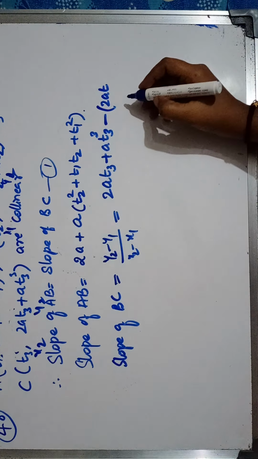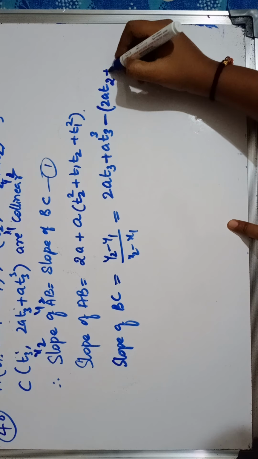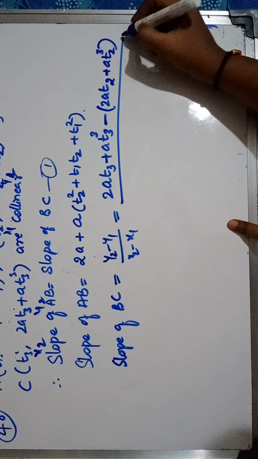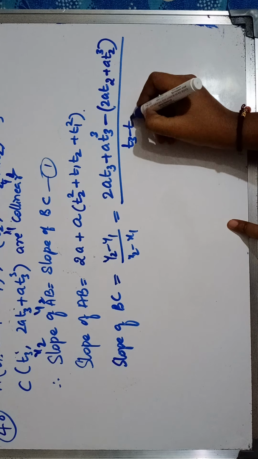So minus of 2a t2 plus a t2 cube, divided by x2 minus x1 which is t3 minus t2.